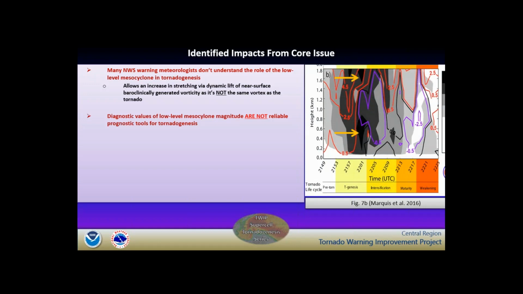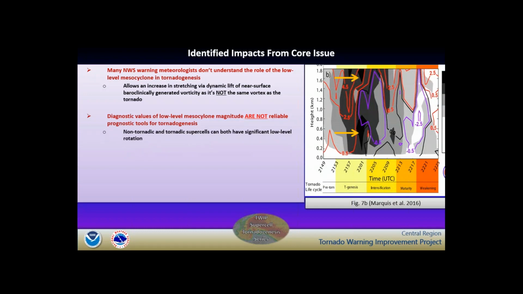So this results in an important point: too much evidence exists now that shows that diagnostic values of low-level mesocyclone magnitude are not reliable prognostic tornadogenesis tools. As the event shown to the right illustrates, the mesocyclone circulation, shown as the black and gray shading, doesn't change much until genesis already occurred.